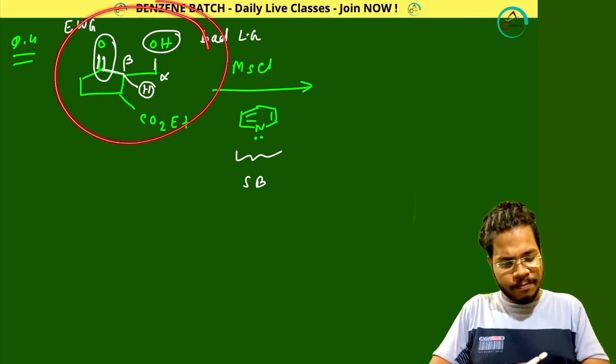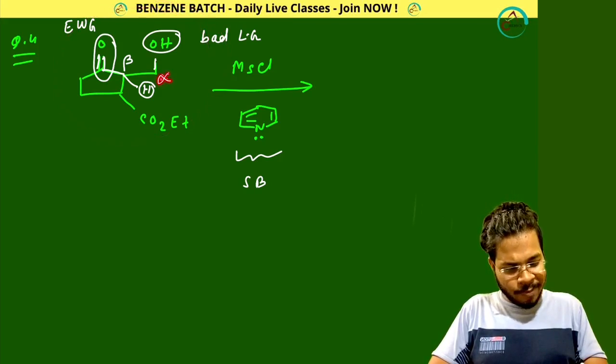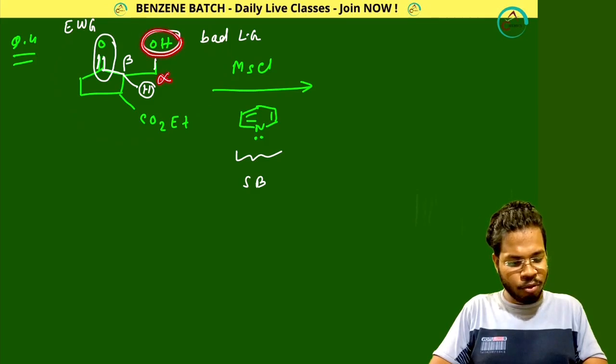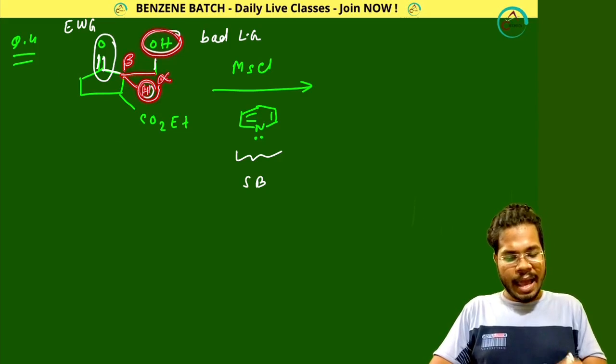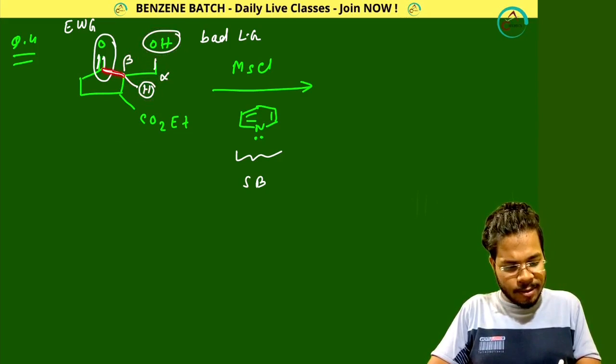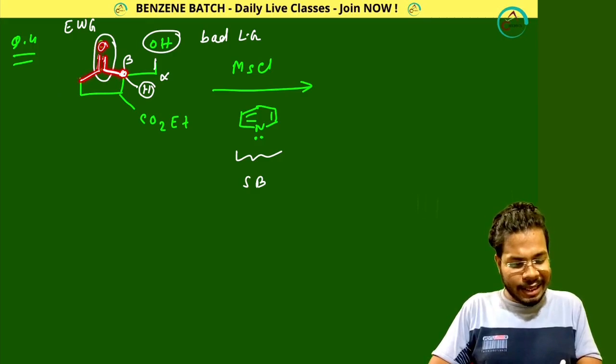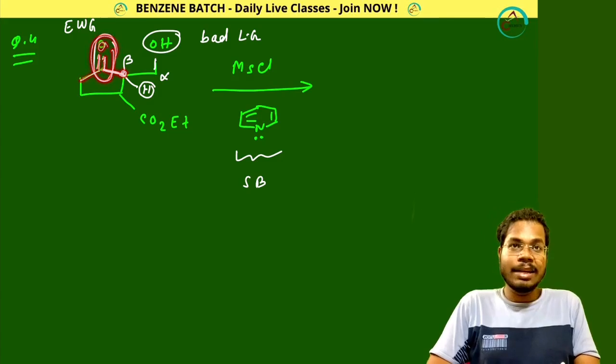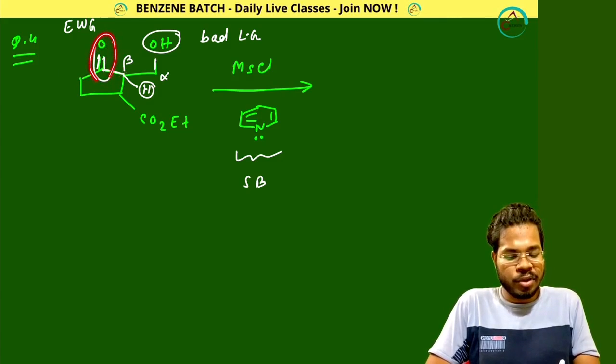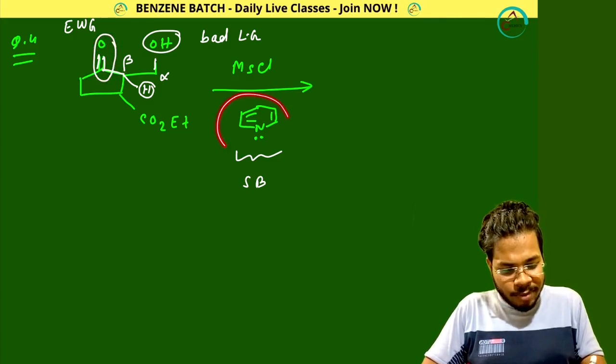In this system, this is your alpha carbon that is attached to this leaving group. This is your beta carbon. The beta carbon has a beta hydrogen that will be abstracted, and not only that, with this beta carbon another electron withdrawing group is present, that is the keto group. I told you already, keto group is my electron withdrawing group. So what will happen whenever you are adding MsCl?